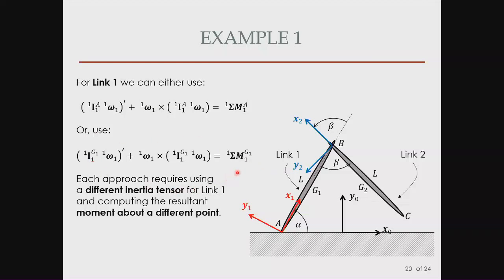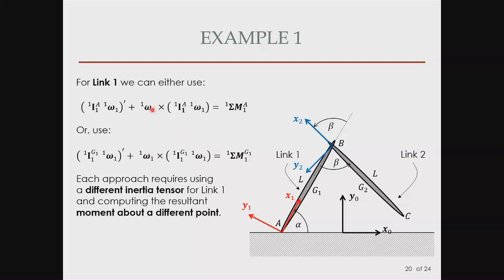Now, the left-hand side is the application of the golden formula on H. Okay, so the left-hand side is H dot. Here it's H dot about point A. Here it's H dot about point G1. Following? Right. So H dot equals sum of moments in both of these cases is fine, right?